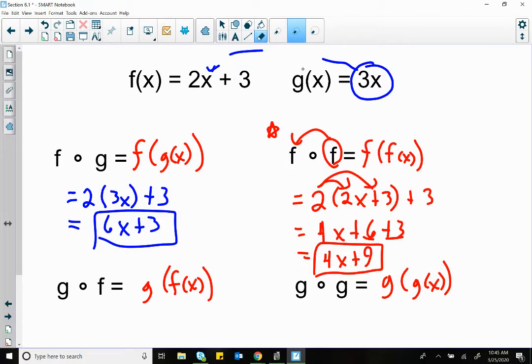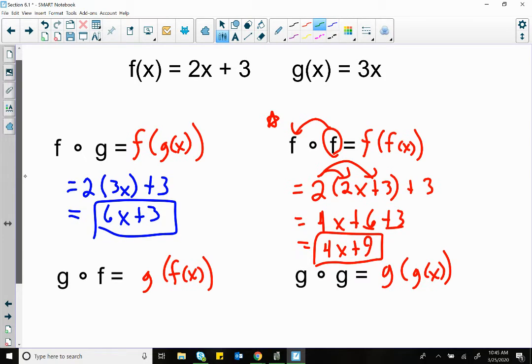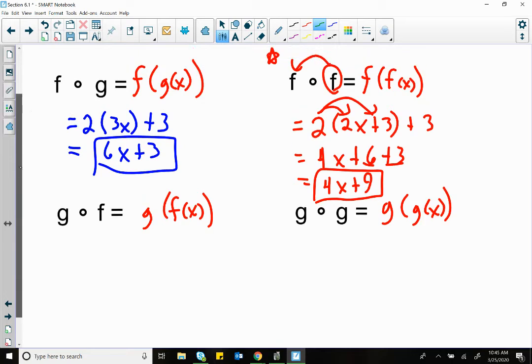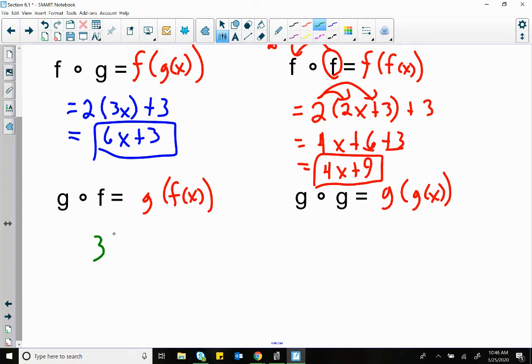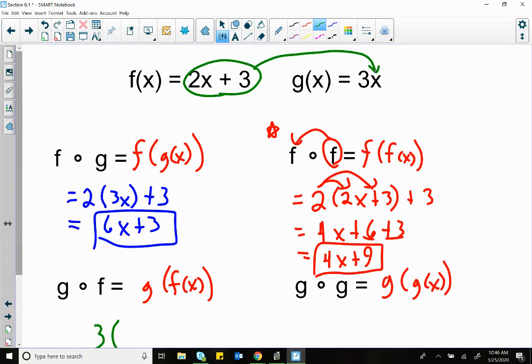Okay? So let's look at the next one. Let's do g of f. So we're going to take f of x, and we're going to put it into g. So it's going into x right there. That's going to give us 3 parentheses. Oh, it's x. So I'm going to put 2x plus 3.